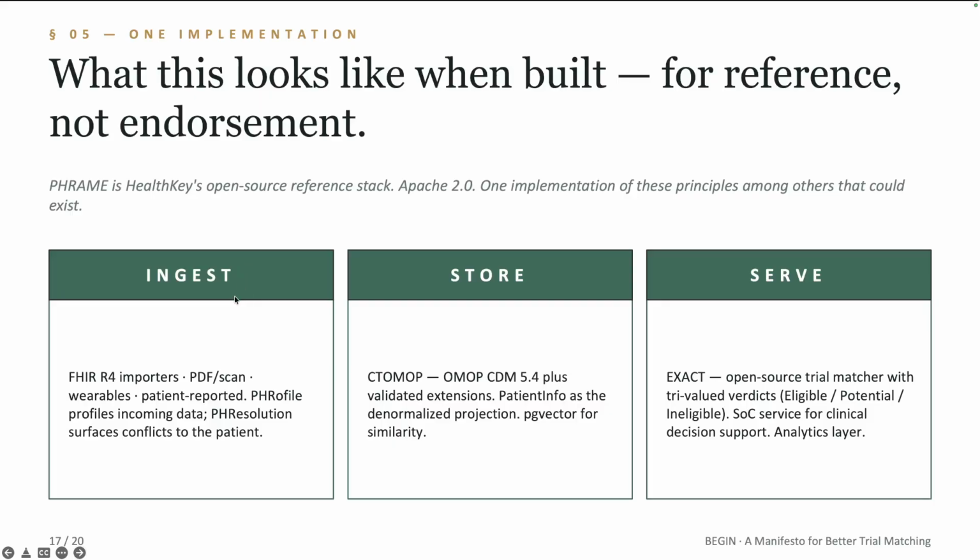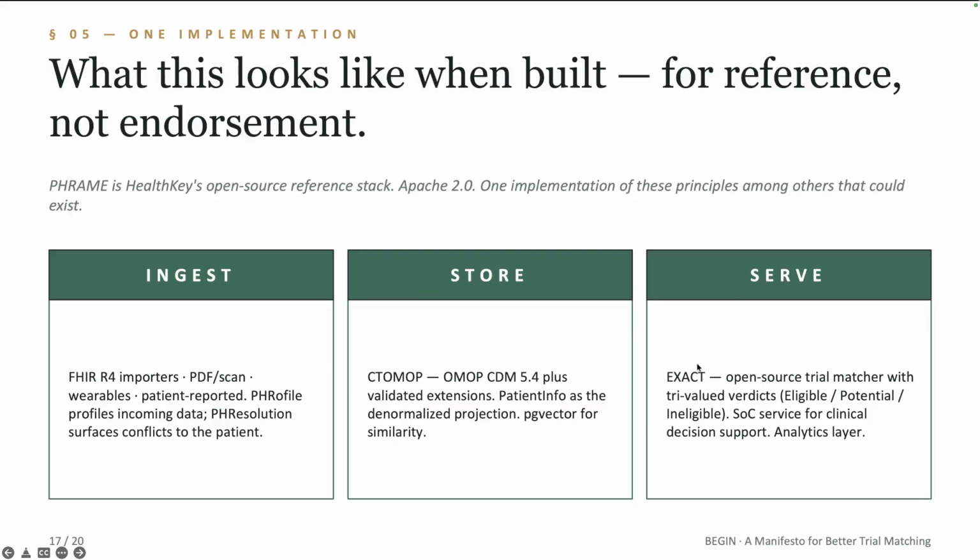Just as an example of it, and again, I want to create general principles. We're not trying to advertise HealthKey's open source stack, but the key ones for trial matching is CT-OMOP, which is this OMOP with a flattened projection that you're able to do quick trial matching with, and we've also added a number of attributes to the OMOP tables that have not quite gotten into the OMOP's genomics extension and oncology extension, so that you can assess full trial eligibility.